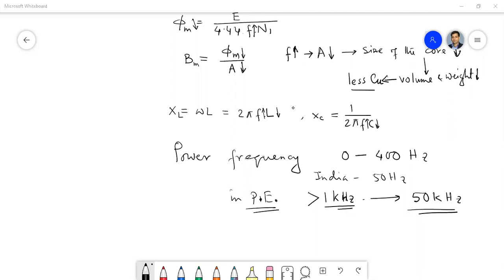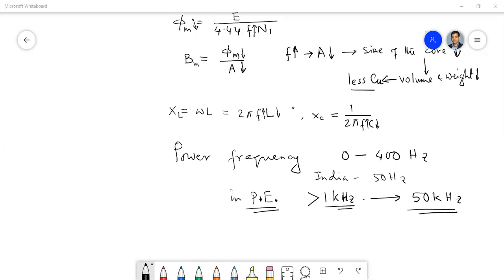So some compromise we do in the case of 400 hertz, as I told you, which we use for aircraft.